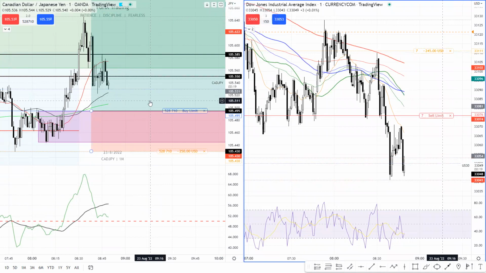CAD JPY is moving in a difficult way. In any case, that's fine.